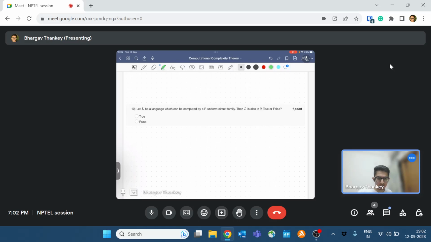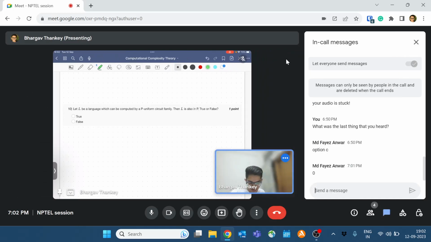Okay, so the next problem is: let L be a language which can be computed by a P-uniform circuit family, then L is also in P. True or false?